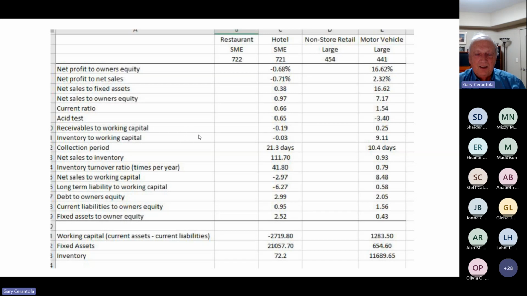In this case, in the video that this is coming from, and the slide deck, Professor Power is talking about comparing something to a hotel. So if your net sales to fixed assets as a hotelier is maybe 1.0, you're doing much better than the industry.